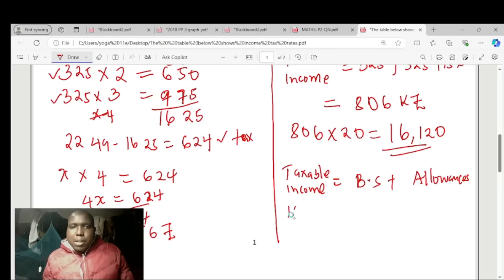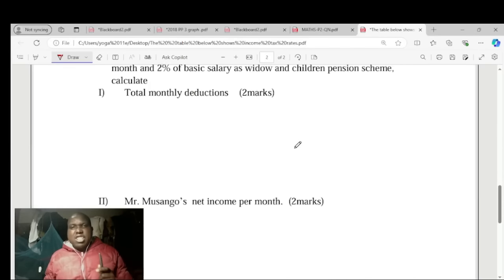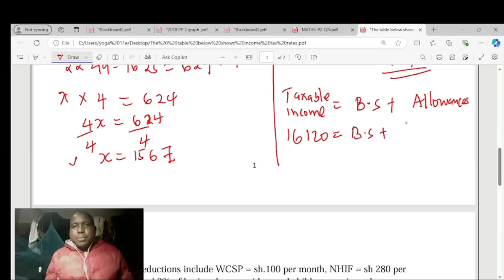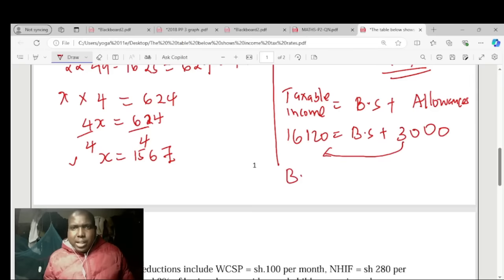Allowances of shilling 3,000 per month. So we add plus 3,000. This one will give us this one taxable income. So to get the basic salary now, we like times together. So basic salary is equal to 16,120 minus 3,000.